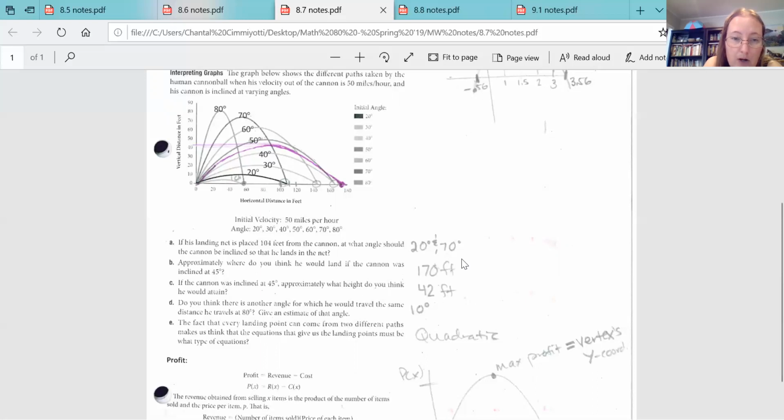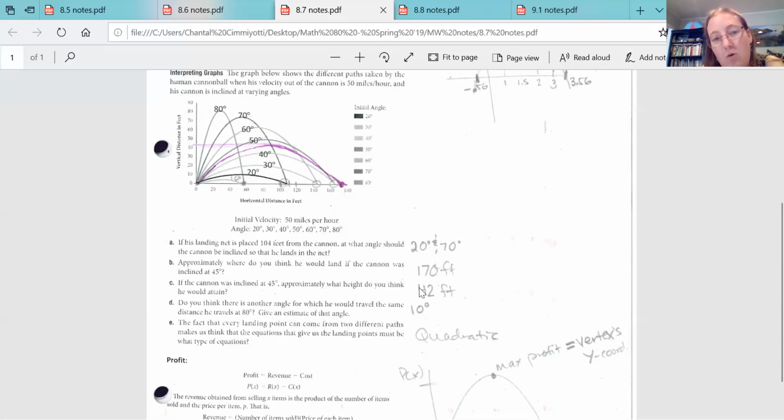B, approximately where do you think he would land if the cannon was inclined at 45 degrees? So 45 degrees would be between the 40 and the 50 inclined parabolas here. So what's the maximum height? And you go over to the height, and then you'd say, well, there's 40, there's 50, the height was a little bit under halfway there, so a little under 45, so maybe 42 or maybe 43.